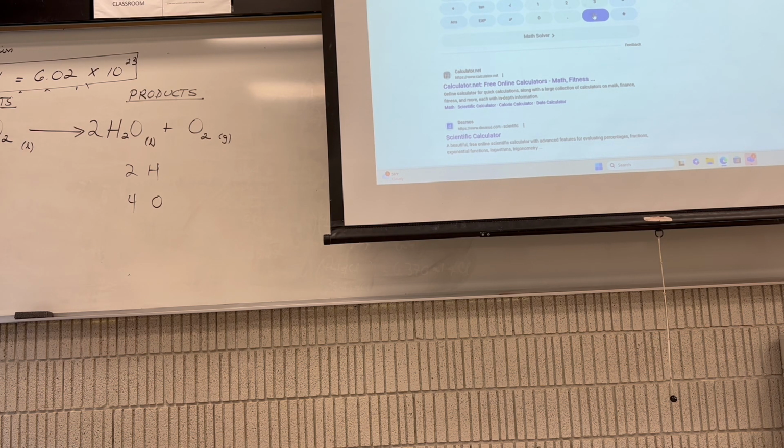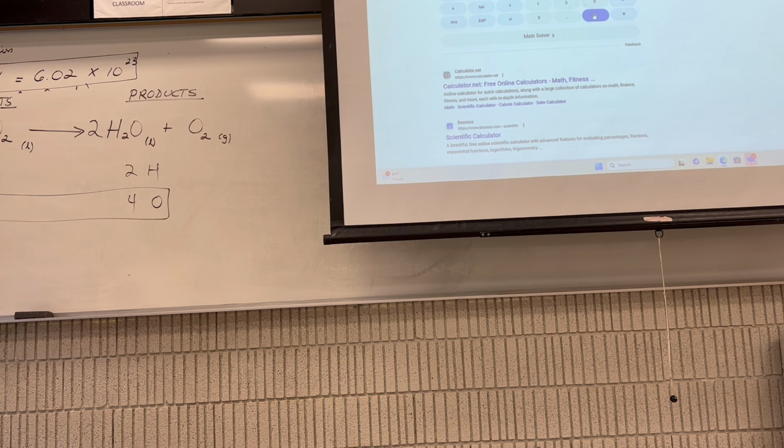Put a 2 here, right? I cannot change the formula, but I can actually change the amount. So 2 times 2 is 4 oxygens. So now my oxygen on both sides is balanced. But I have to do 2 things, add a 2 here and a 2 there.